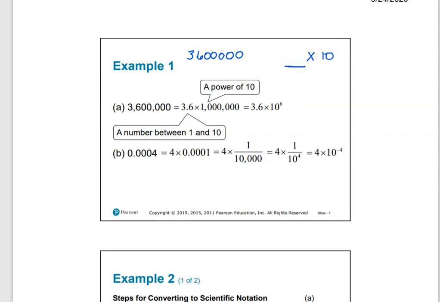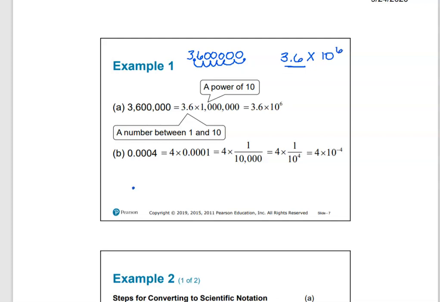So to make that happen, we would need to make it 3.6, because it has to be at least 1 and smaller than 10. Right now our decimal is here, so we would want to move it 1, 2, 3, 4, 5, 6 places to get it between the 3 and 6, which is why this is 3.6 times 10 to the 6th.